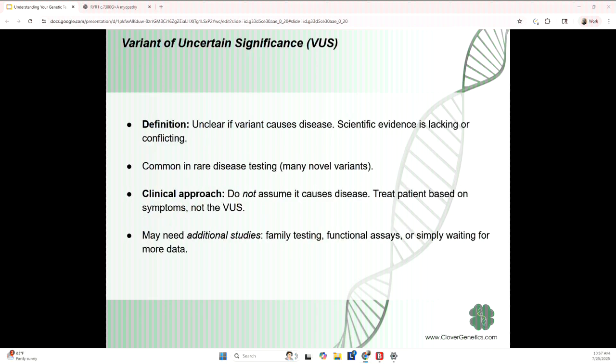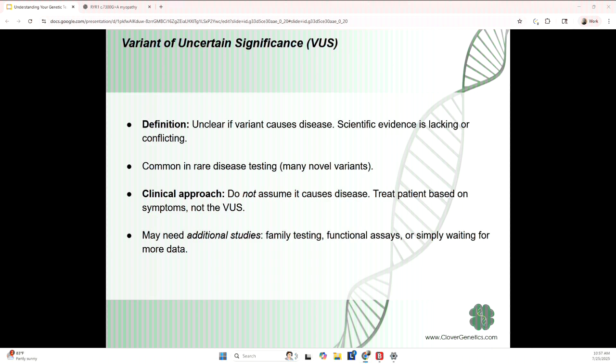Next, we have a VUS, which is kind of what sits in the middle there between pathogenic and benign. And that means we do not yet have sufficient information to know confidently if that precise variant plays a role in causing the disease. There either may be not enough research or evidence, or the data we have may be conflicting in some manner. Having a VUS generally increases in likelihood as the number of genes analyzed increases.